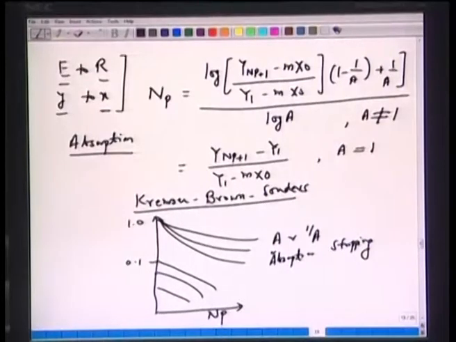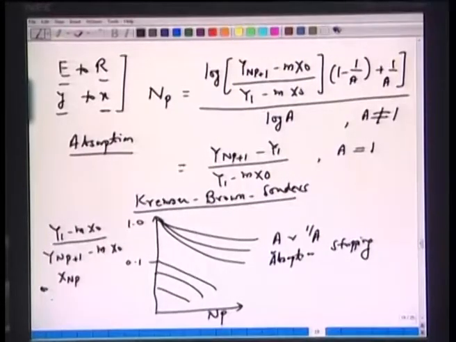when we have mass transfer from E phase to R phase or vice versa, R to E phase. And here we have (y1 minus m x0) over (y NP plus 1 minus m x0), or in the second case, when we have stripping, (y NP plus 1 over m minus x NP) over (x0 minus y NP plus 1 over m).